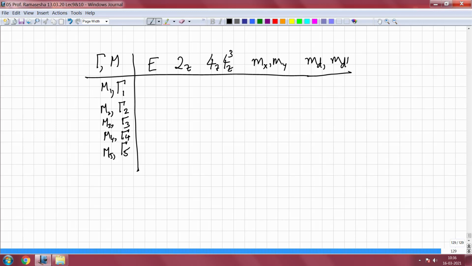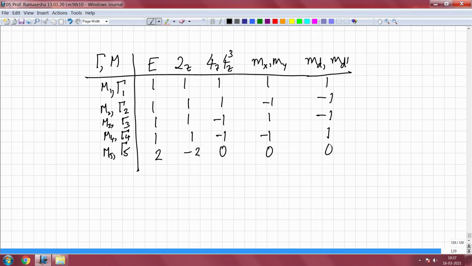The first one is of course the totally symmetric representation 1 1 1 1 1, and the next one will be 1 1 1 minus 1 minus 1, and then 1 1 minus 1 1 minus 1, and then 1 1 minus 1 minus 1 1, and 2 minus 2 0 0 0.